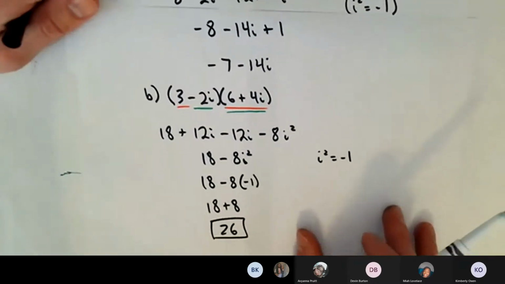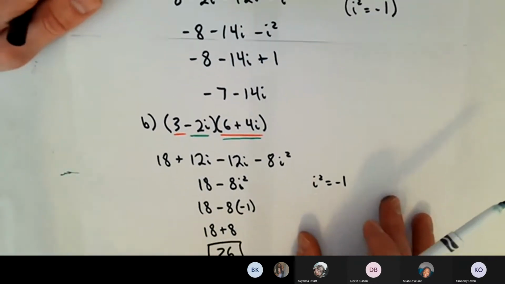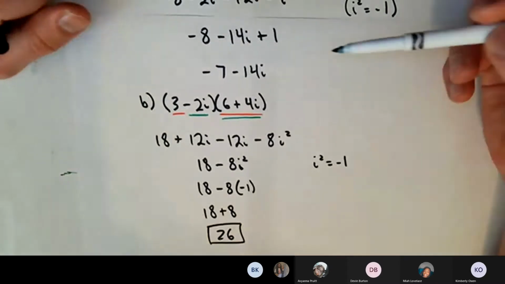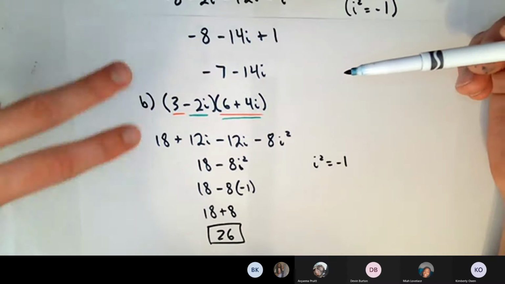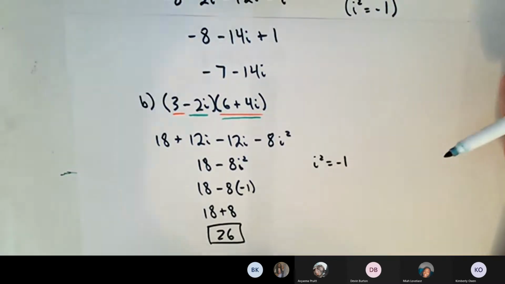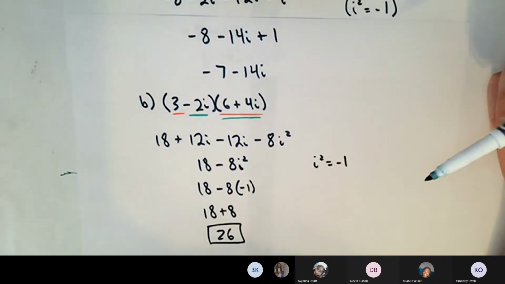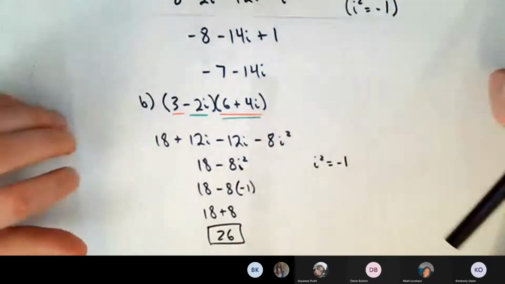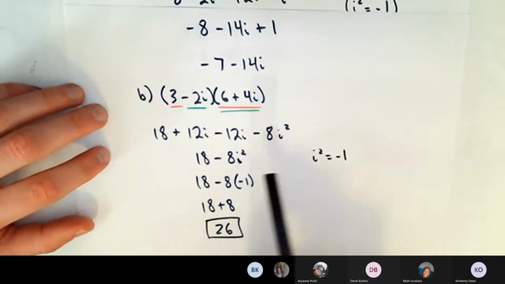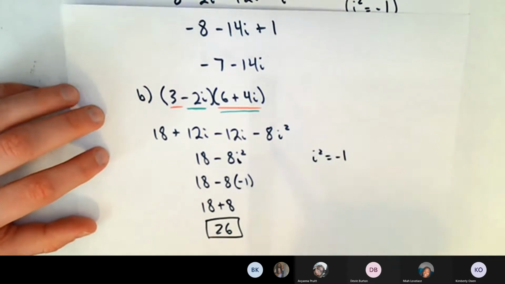The point I was making with the previous problem is that you should never end up with 3 terms left. You should have 2, or in this case 1 term left over. You could have 0 too if everything zeroes out, both the real and imaginary part, but just make sure you're getting that last step of dealing with the i squared.